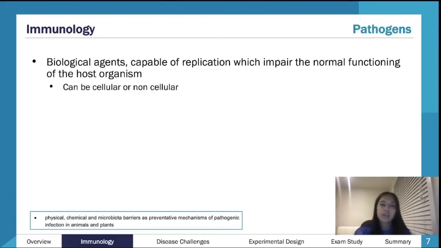And this idea of separating our pathogens between cellular and non-cellular is also very important, because VCAA will include questions about this. In terms of definitions, sorry, I feel like I'm putting a lot of tips in before I'm getting to the actual content, but definitions are super important in bio, more so than other subjects, I would say.